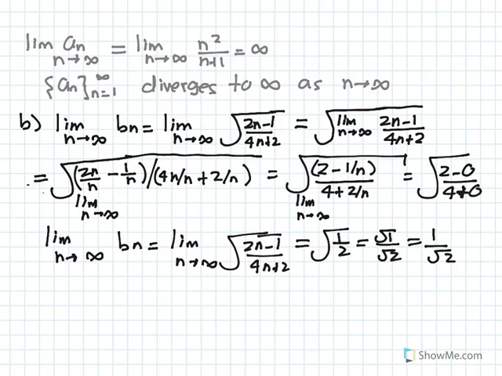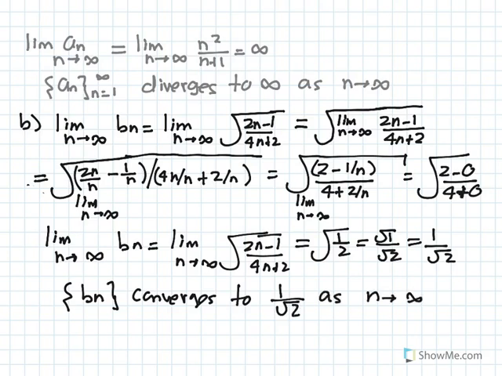So we can say that Bn converges to 1 over root 2 as n goes to infinity.